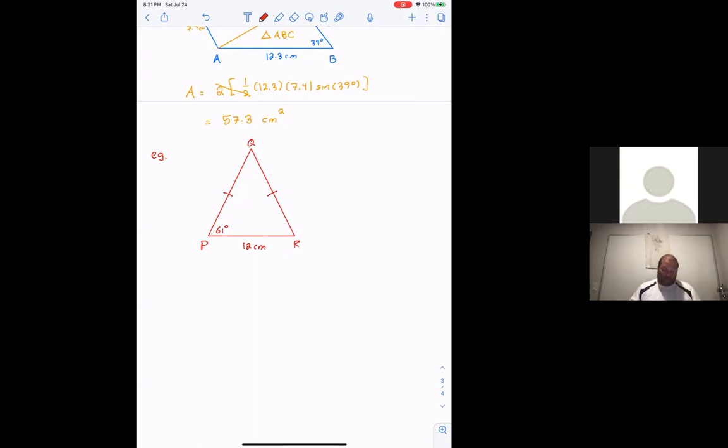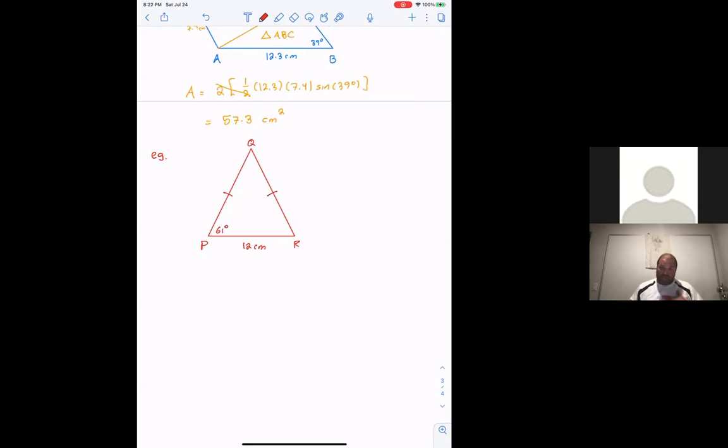Well, you have two options here. One, of course, is to use 1/2 base times height, and the other is to use 1/2 side times the sine of the sandwiched angle. Looking quickly at the book's answer, they use 1/2 side sine of the sandwiched angle because, of course, that is the section.